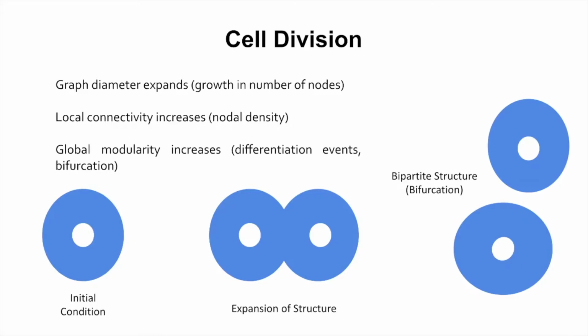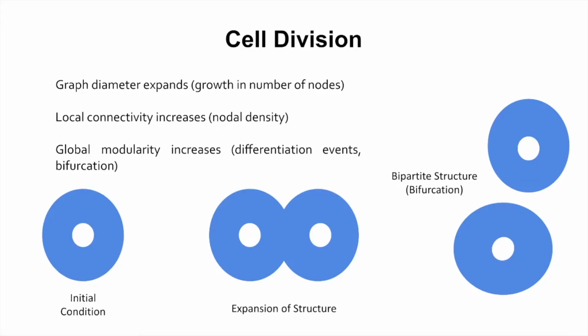The consequence of this is that local connectivity increases over time. The nodal density will increase, and especially as you get differentiation and migration of cells, certain areas will tend to take on a modular form. And so global modularity thus increases.